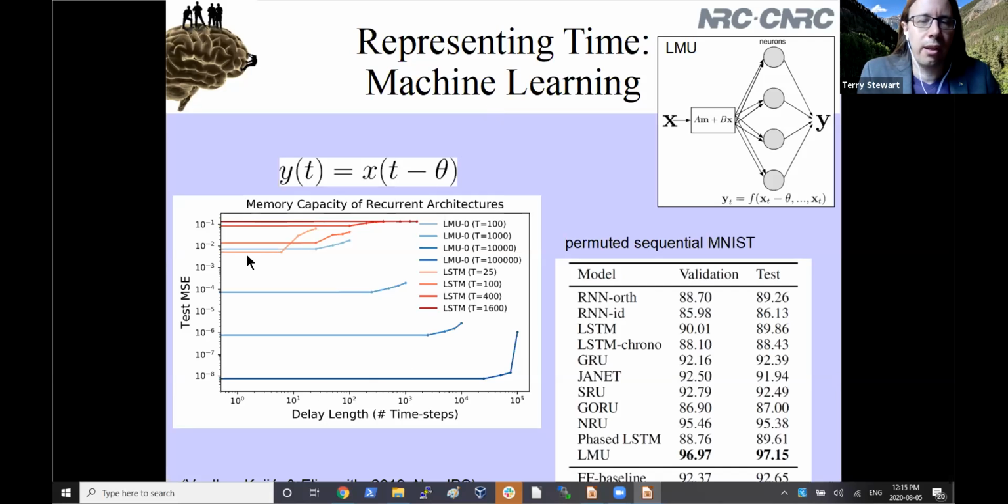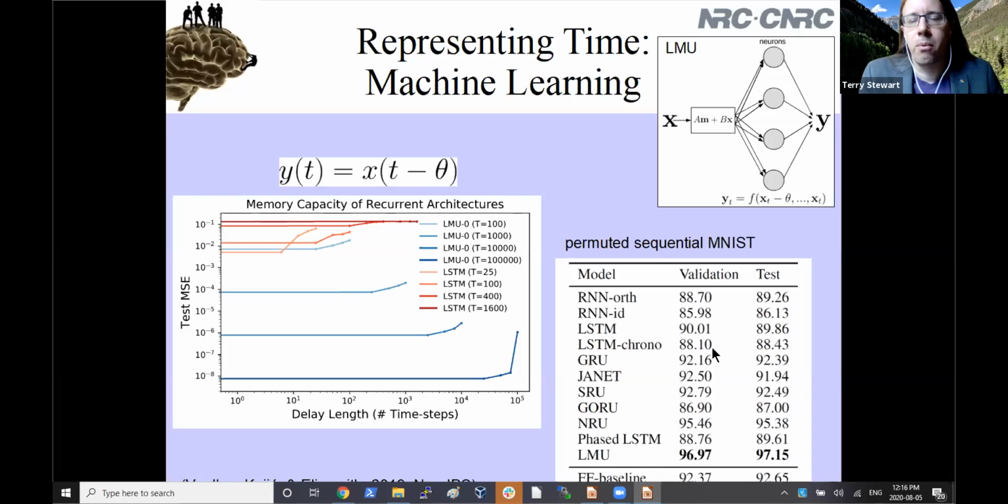This graph on the left is 8 orders of magnitude better than LSTMs. It's just ridiculous, and it'll scale up to delay lengths of 100,000 steps, which is very, very difficult to train a recurrent network to do. But that's an artificial task that is exactly what we built the thing for.